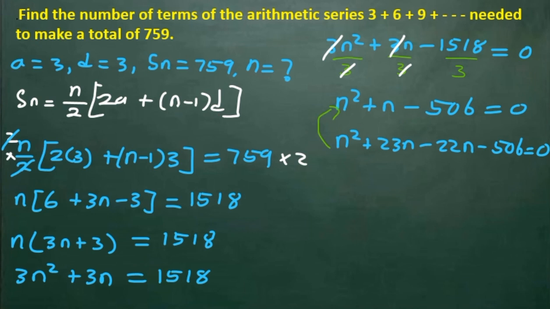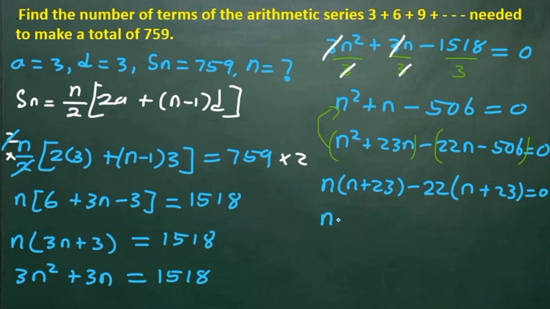Okay, so let's group them. I'm going to factor n out, so this will be n times n plus 23, minus 22 times the bracket n plus 23 equals 0.